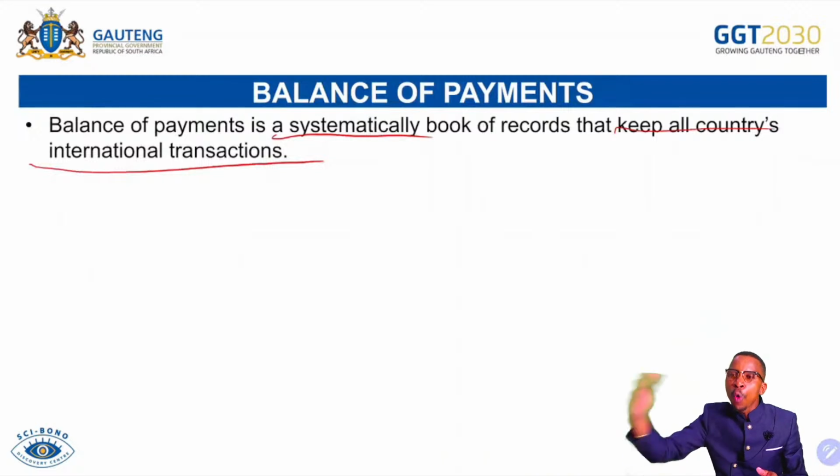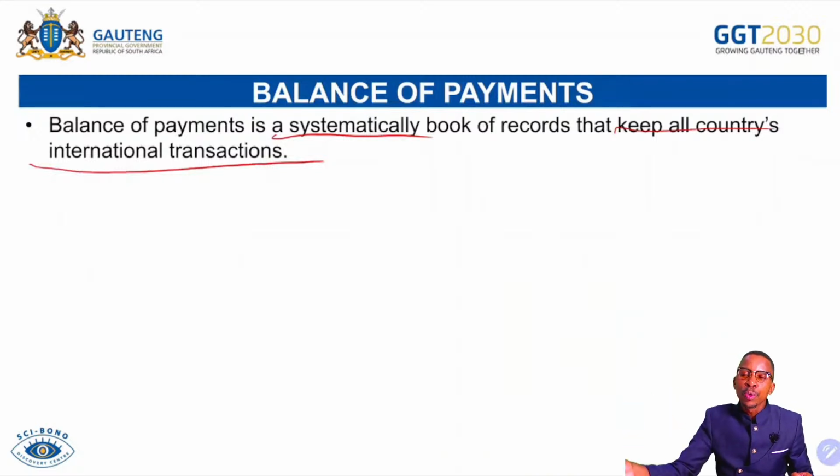We check the outflow of our domestic currency and the inflow of foreign currencies to the South African economy. In case the inflow of currencies is more than the outflow of our domestic currency, we have a surplus on the balance of payment. The surplus means our inflows are more than our outflows.